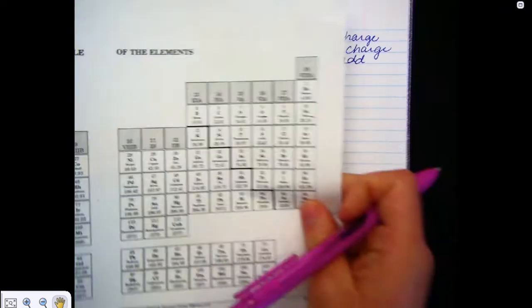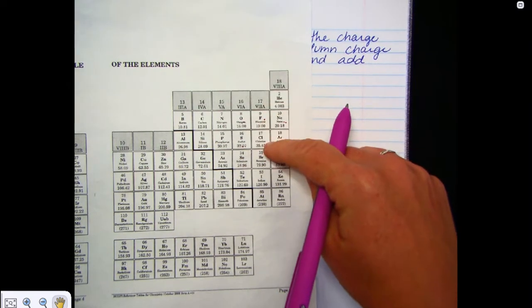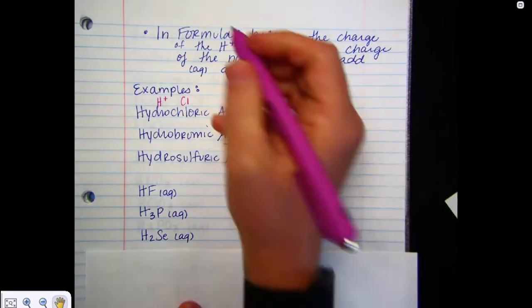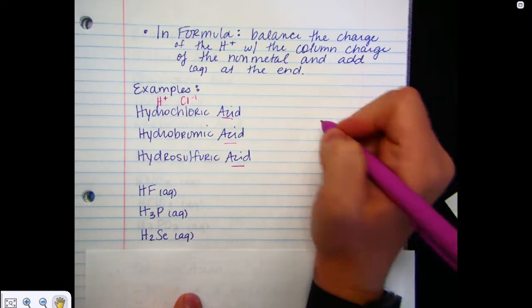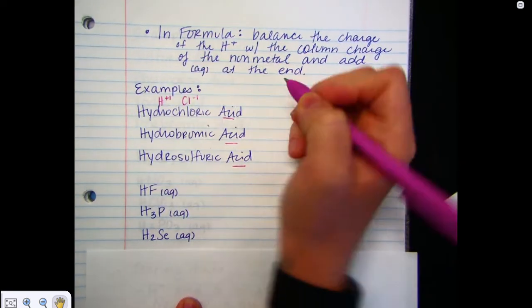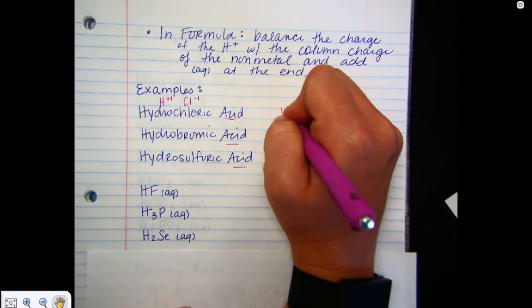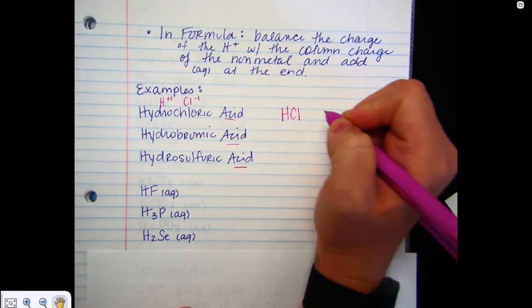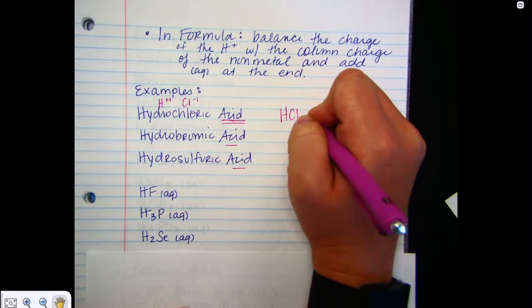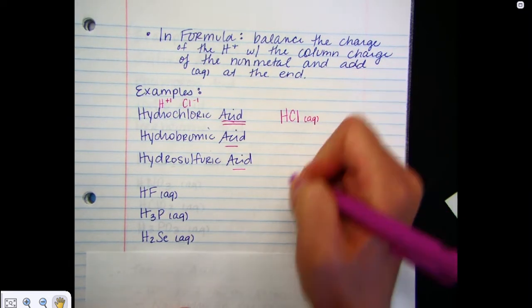We know that chlorine is in our 7A column, so the charge is going to be -1. Then we do our drop and swap as usual. So the H+1 and the Cl-1 give HCl. And then because this is an acid, I have to include the little parentheses AQ there.